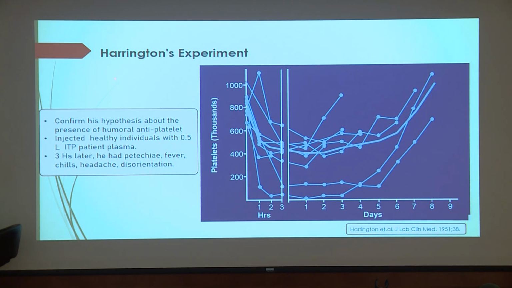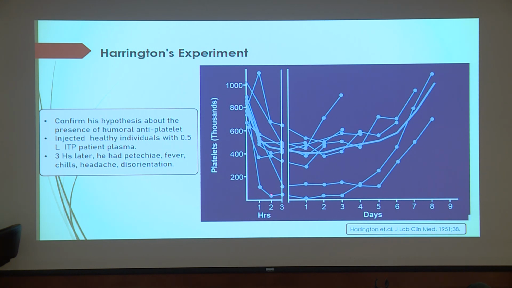This is one of the heroes actually in our field, Harrington, because he sacrificed himself and he injected himself to confirm the hypothesis about the presence of antiplatelet antibody. And he was inspired by the experiment of Coombs when he detected that for autoimmune hemolytic anemia, and he injected himself with half a liter of ITP patient plasma, and after 3 hours he developed severe and life-threatening thrombocytopenia.